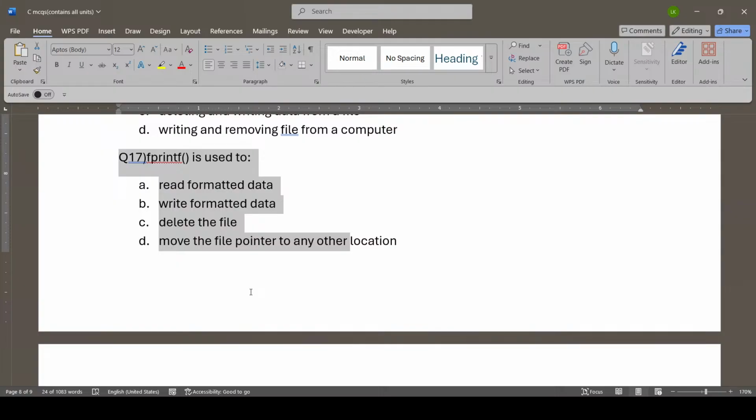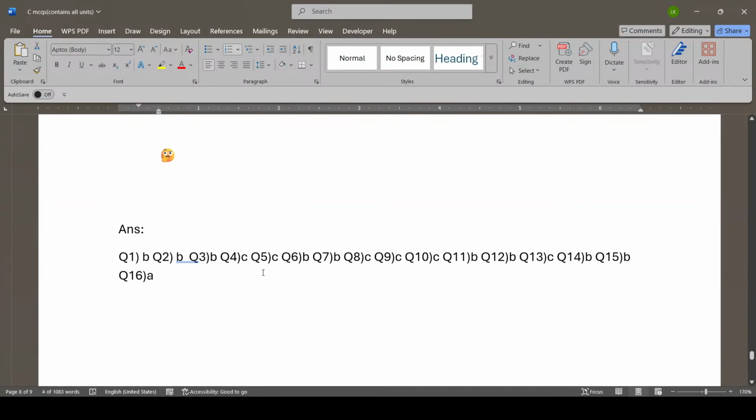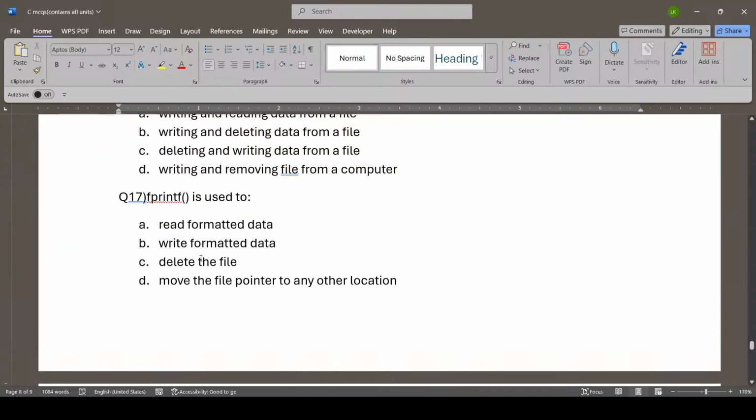Formatted means in a special format, like maybe new line, using tab, using spaces. So that is called format, in which we are going to store the data. So the answer is B, write formatted data. It doesn't mean deleting the file. It also doesn't mean to move the file pointer to any other location. So the answer is write formatted data. Question number 17, B. Now going to talk about the next question here.